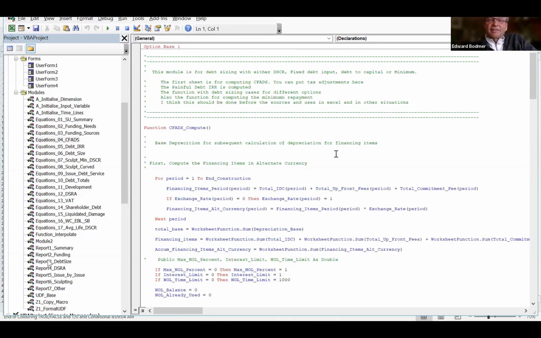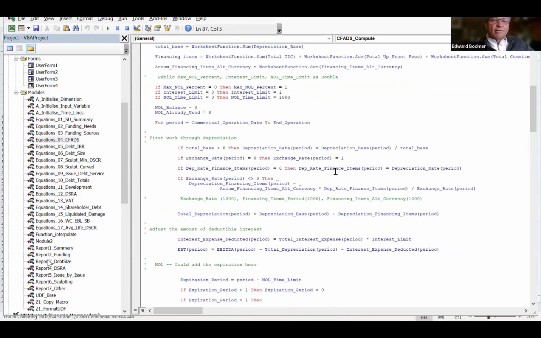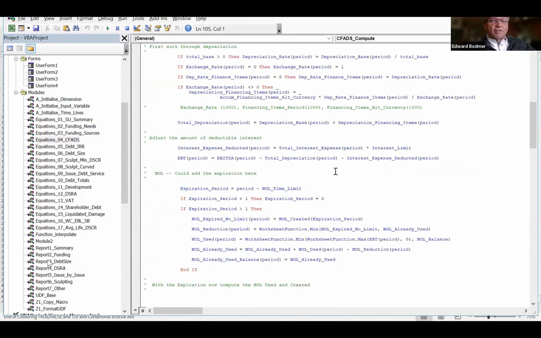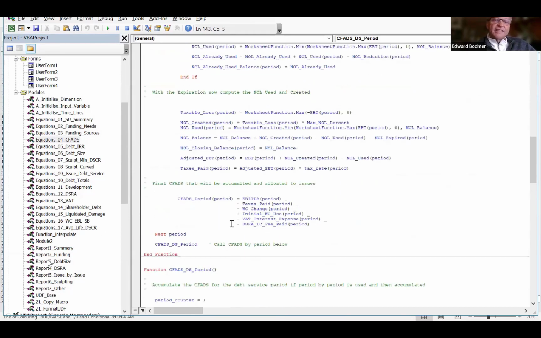Maybe this looks very intimidating at first, where you have, in this case, a net operating loss carry forward calculation. You compute the EBITDA, you compute the loss, and you have a CFADS. This is like a little bit of a sum function in your model. And you can add variables, you can change things around.